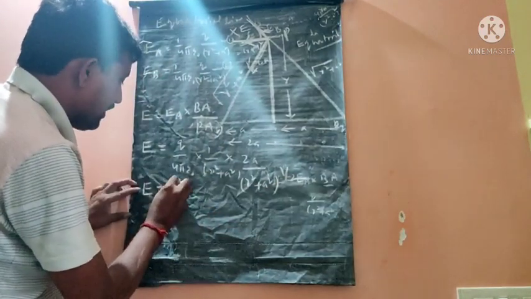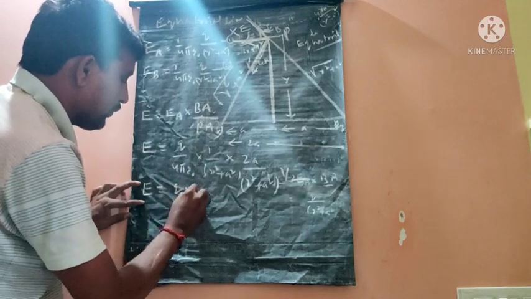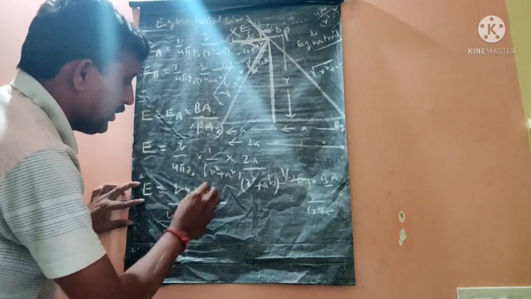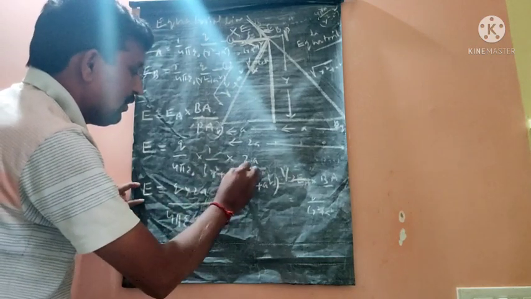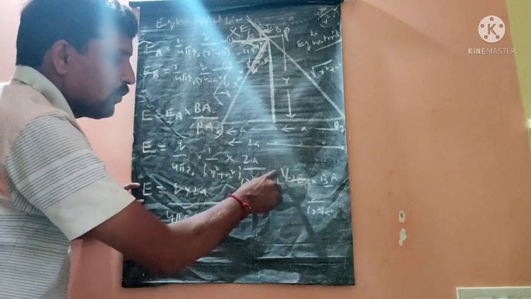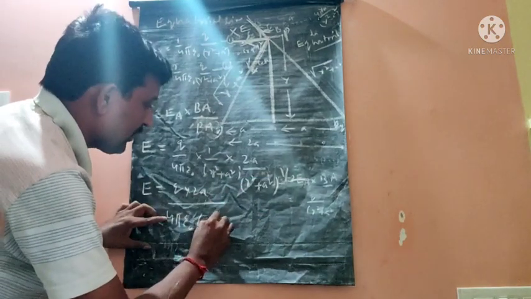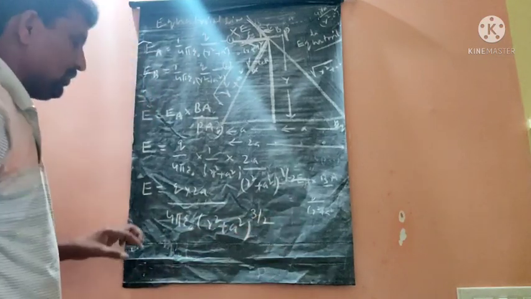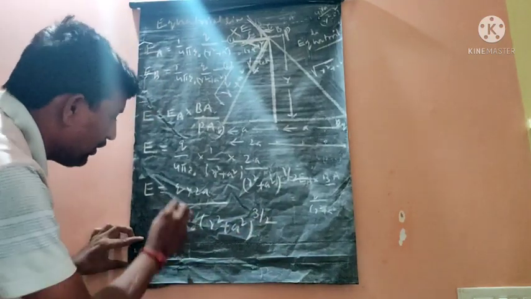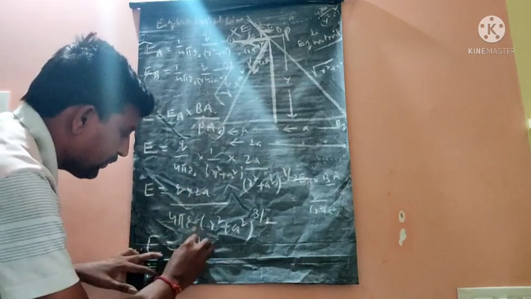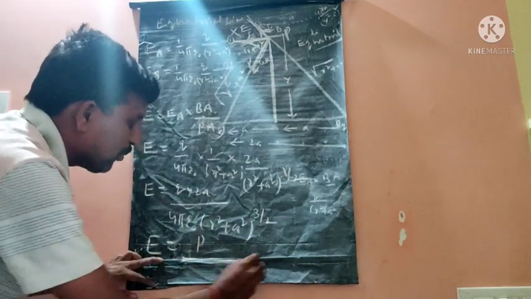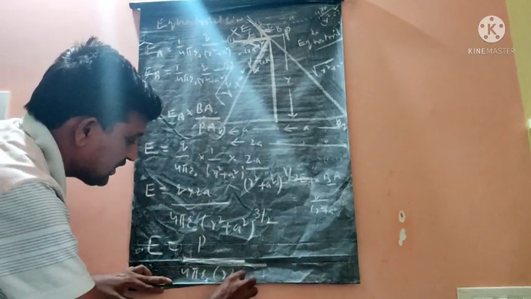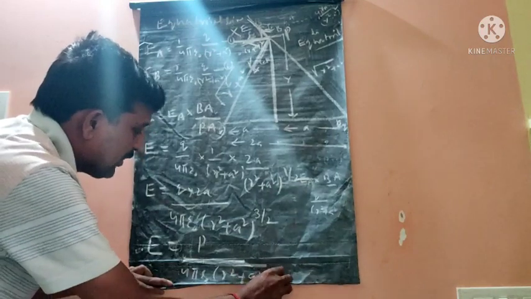So E is equal to q into 2a divided by 4 pi epsilon naught into (r square plus a square) whole power 3 by 2. So E is equal to q into 2a, that means electric dipole moment p, by 4 pi epsilon naught (r square plus a square) whole power 3 by 2.